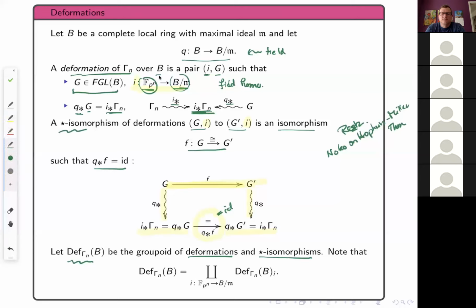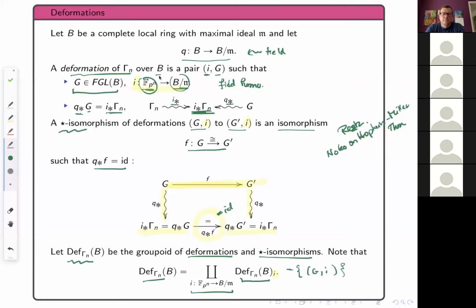So just almost by definition, this thing splits as a disjoint union over all of the embeddings of Fpn into B mod M of these deformations, where here I've put the I to mean that these are the pairs G comma I. Okay, so where you fix this embedding.